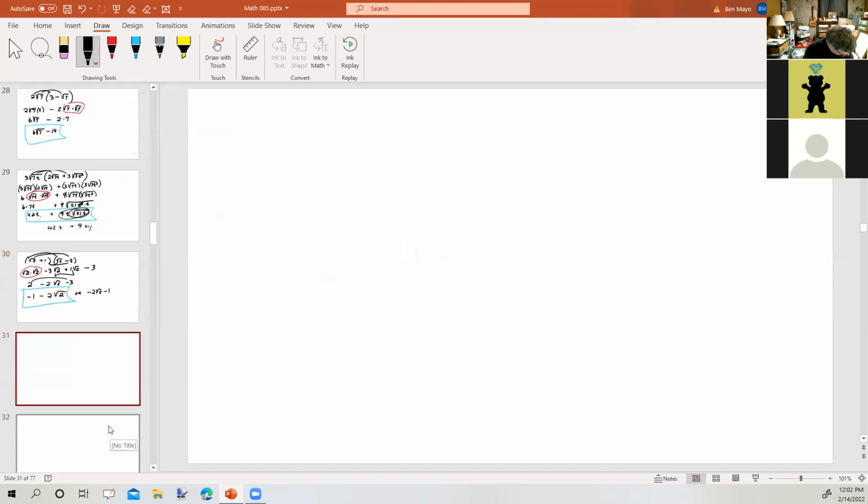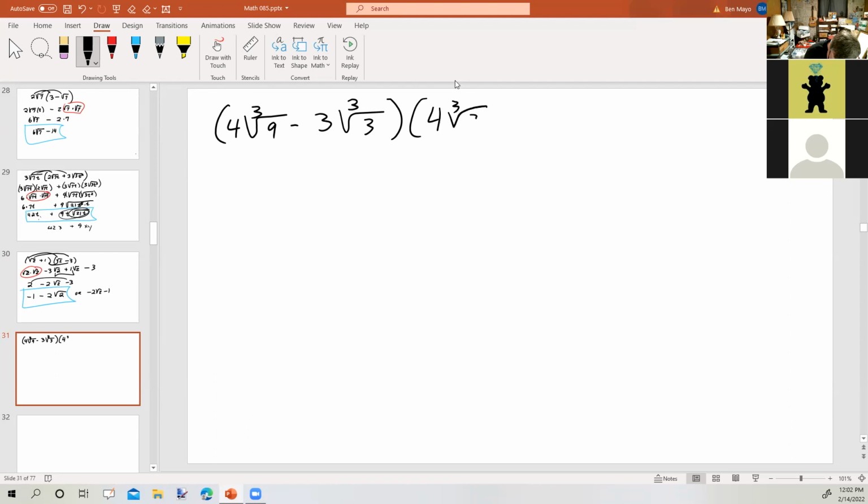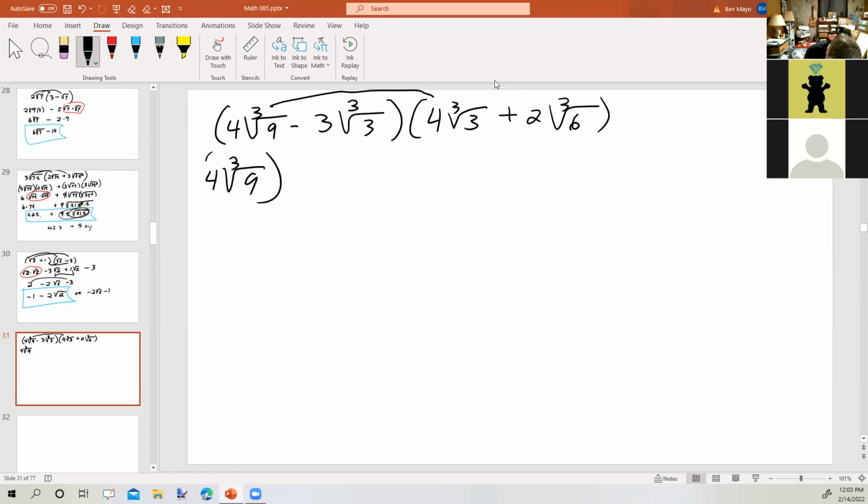How about this one? 4 cube roots of 9 minus 3 cube roots of 3 times 4 cube roots of 3 plus 2 cube roots of 6. All right, here we go. So distributing here, we get 4 cube roots of 9 times 4 cube roots of 3.